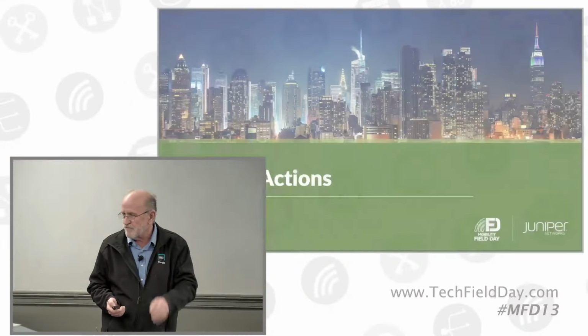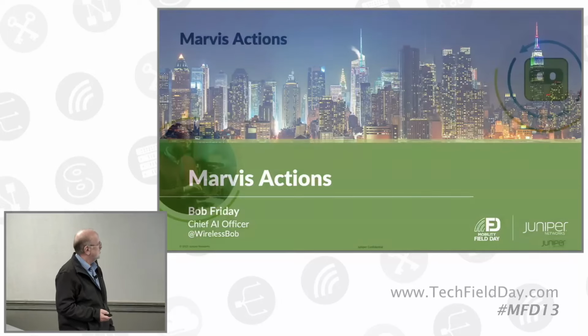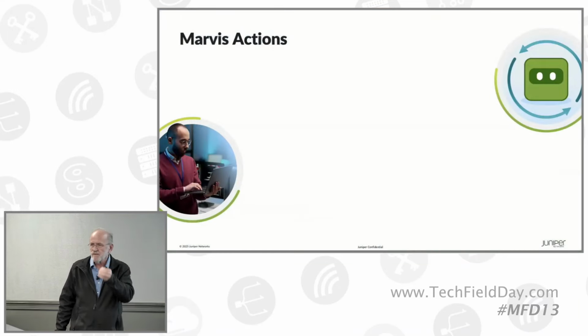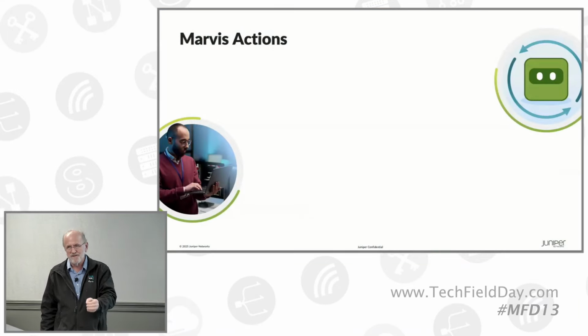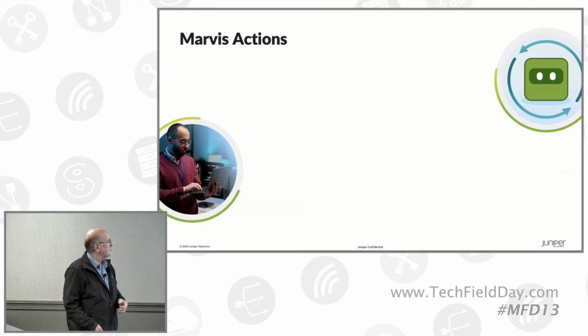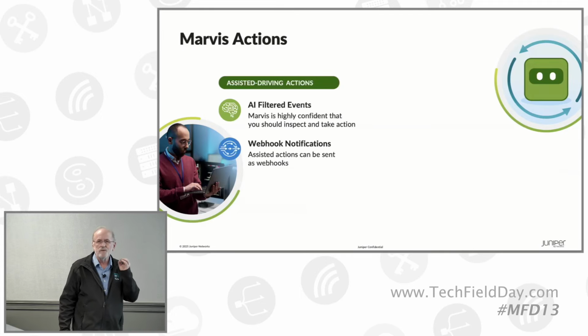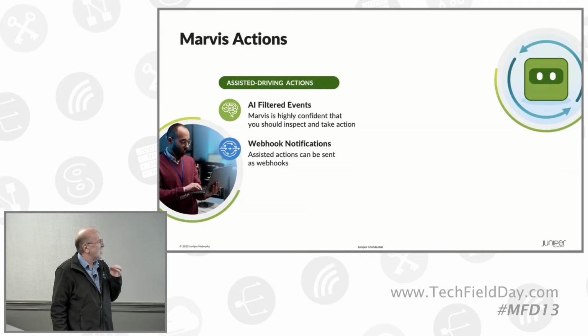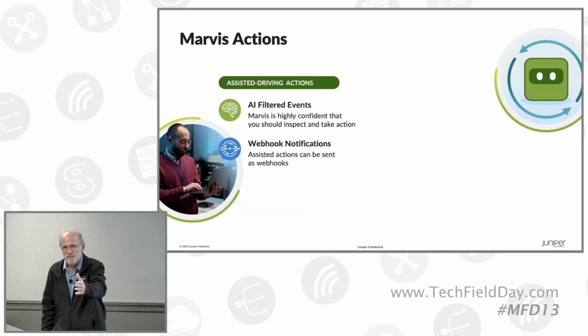Yeah. Marvis Actions. This is our baby. This is the self-driving component of Marvis. After I took my self-driving Waymo Uber, I am on a mission now to move us from assisted self-driving to fully self-driving. Marvis Actions has always done a great job on assisted actions, right? We do a great job of helping IT: here's an issue, here's a recommendation, here's the evidence for the recommendation.